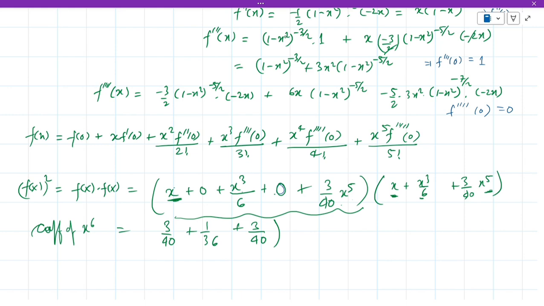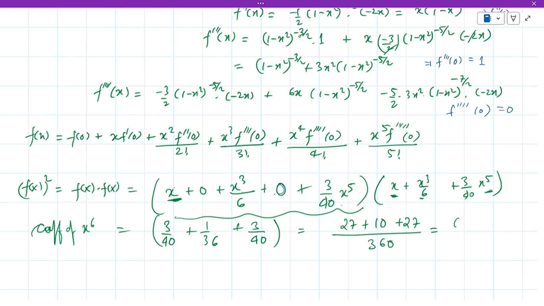Now if we take the LCM, it will be 360. So 27 plus 10 plus 27, that is 27 plus 27 gives 54, and 54 plus 10 gives 64. So your final answer will be 64 by 360.